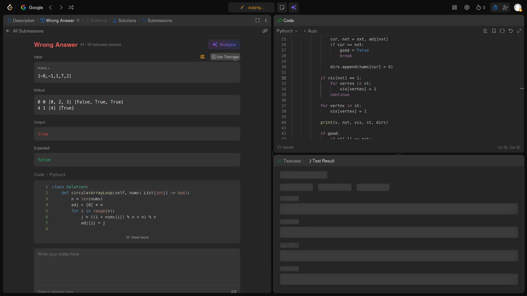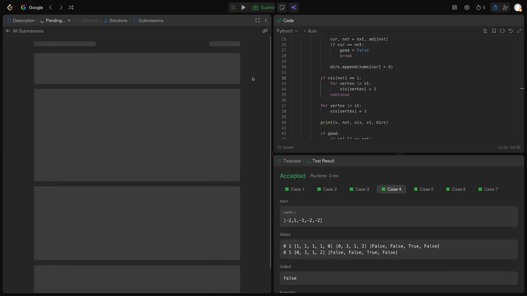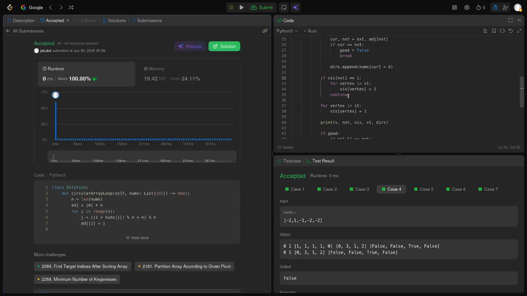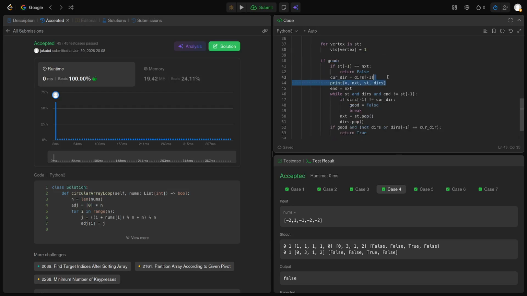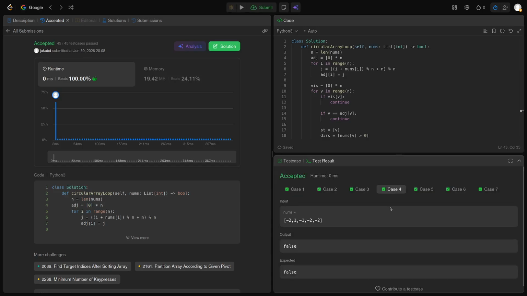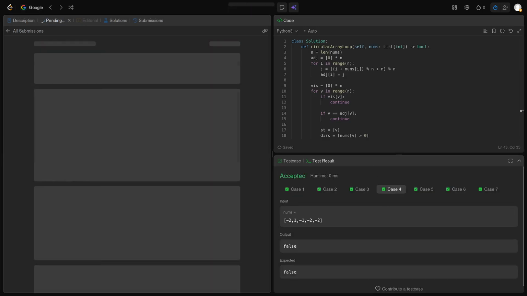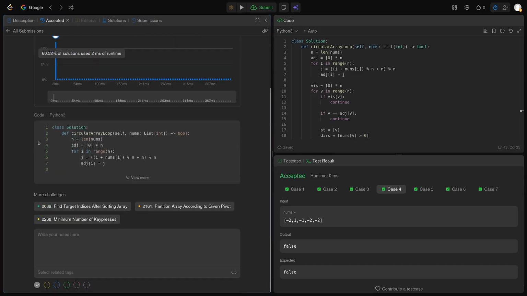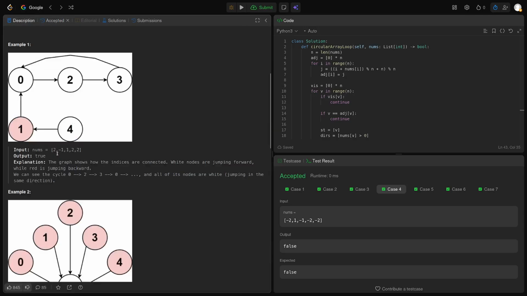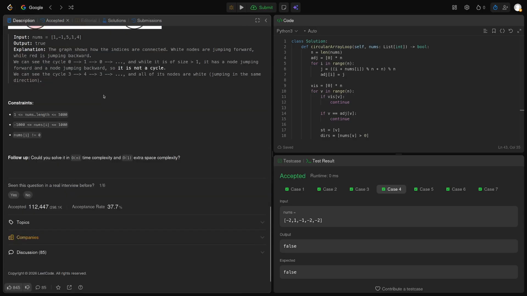Please. No way, bro. All of this just for a linear solution. And how do you do this? Please tell me how do you do this in constant memory, bro?